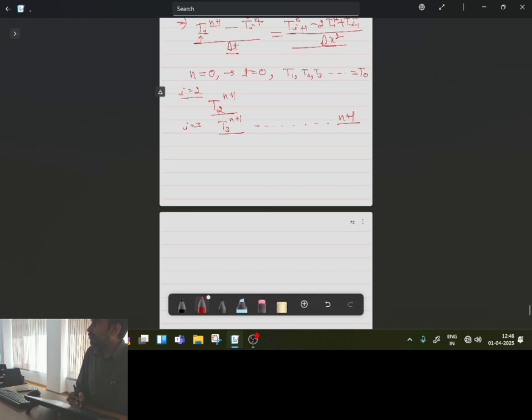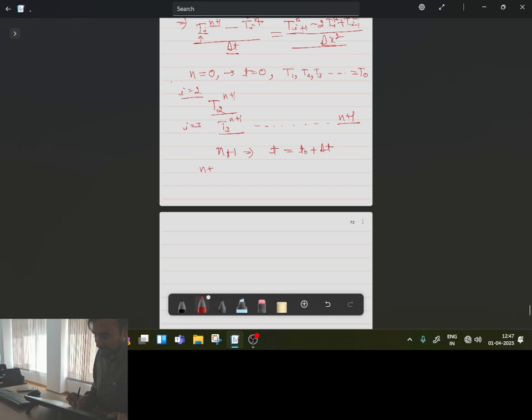I need to further calculate for time level n plus 2. Whenever I will be calculating at n plus 2, then what was n plus 1? N plus 1 will be nothing but T0 plus delta T, because delta T difference you have taken.